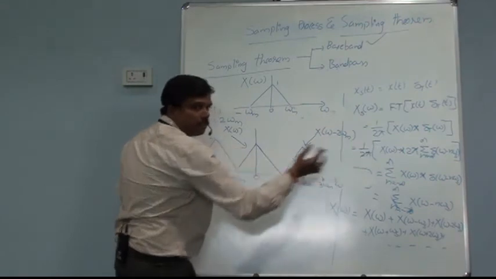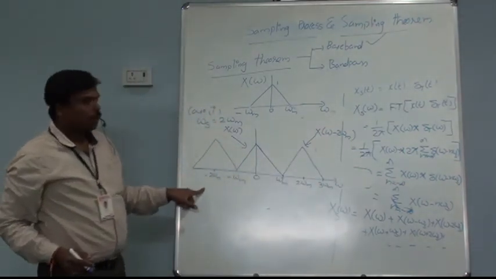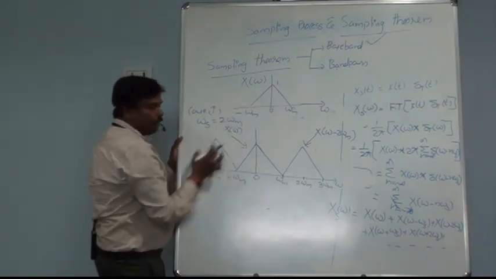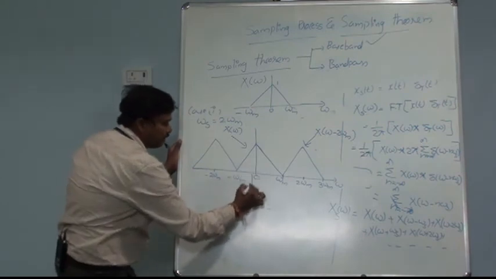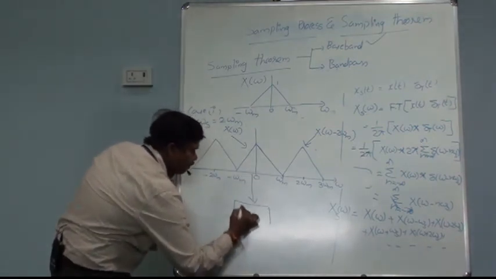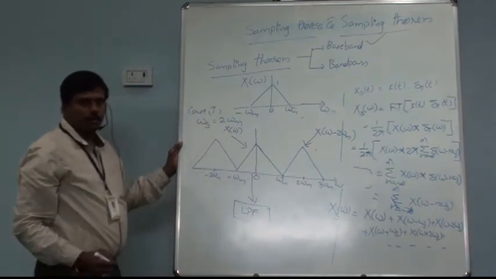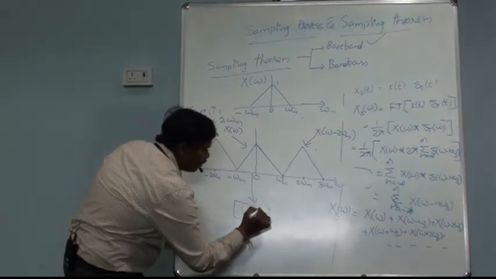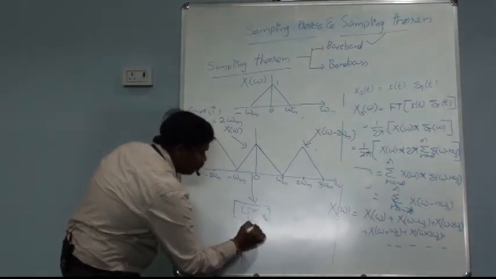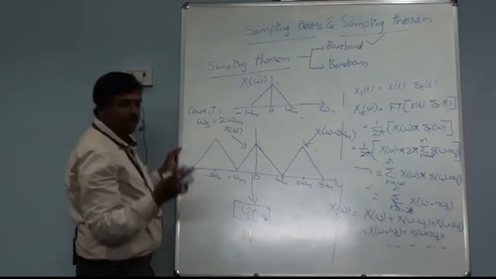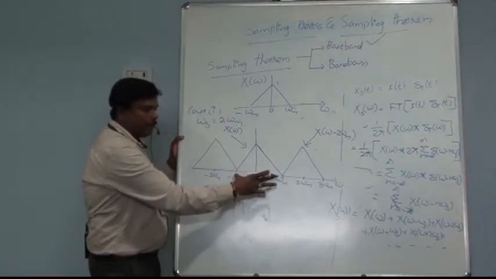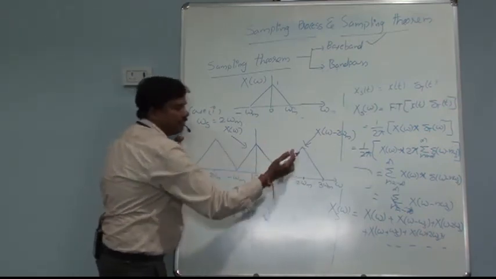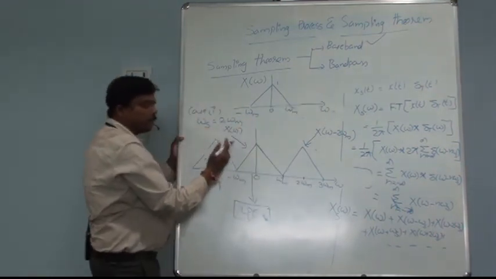Now if you see the spectrum of Xs of omega, it repeats the spectrum of X of omega repeatedly. If you pass this to a low pass filter with cutoff frequency equal to omega m, it is going to allow the frequencies between minus omega m and plus omega m. The low pass filter rejects all other frequencies, from here to infinity and here to minus infinity.